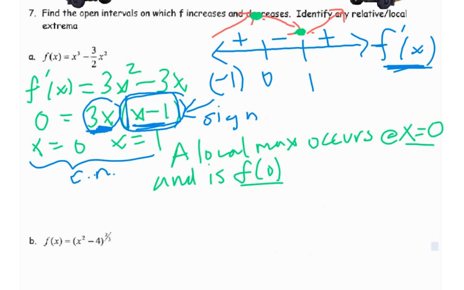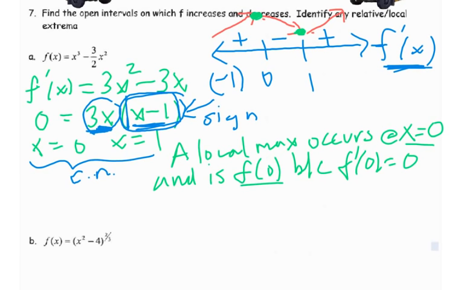A local maximum occurs at x equal to 0 and is f of 0 because, make sure you really get this, start by telling me or the reader that there is a critical number at 0. How do you do that? Tell me what's going on.